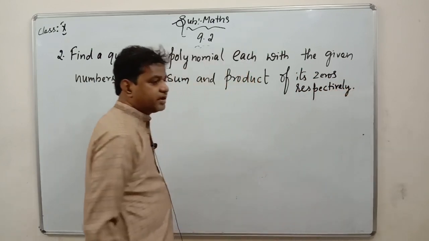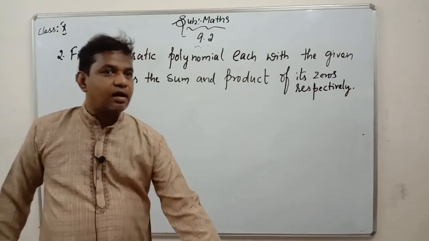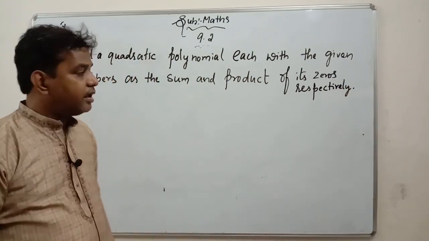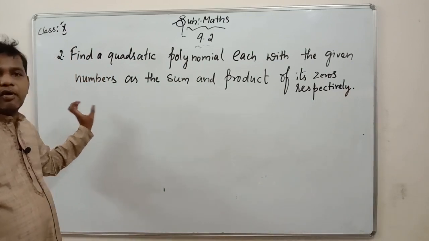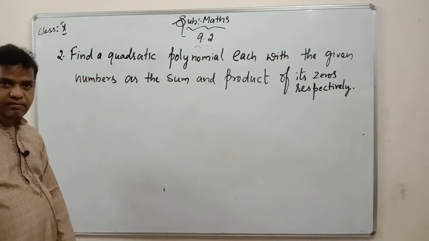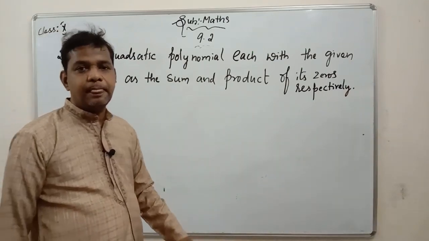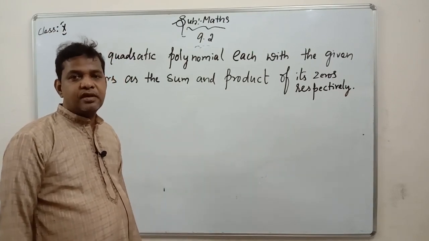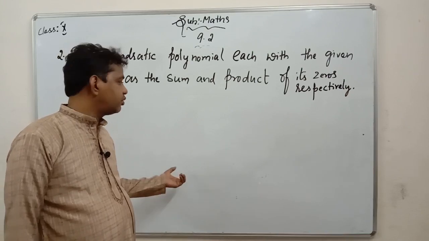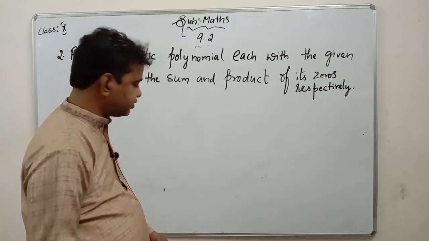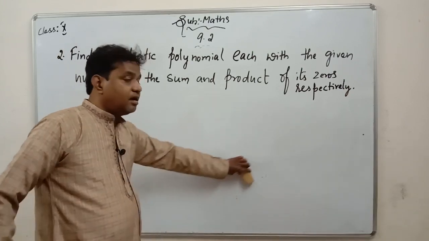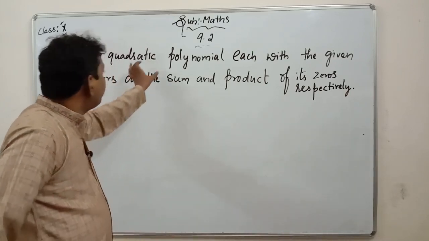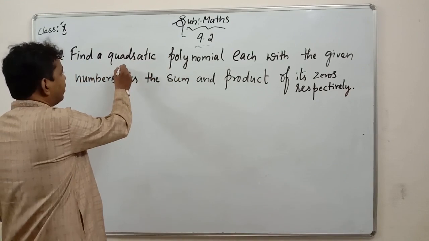The main difference between the problems we did last and the problems we are doing now is this: earlier, the polynomial was given in the general form, ax square plus bx plus c, and we were asked to find the roots of the polynomial. Since it's a quadratic polynomial, we used to get two roots. But now we have to find the polynomial.